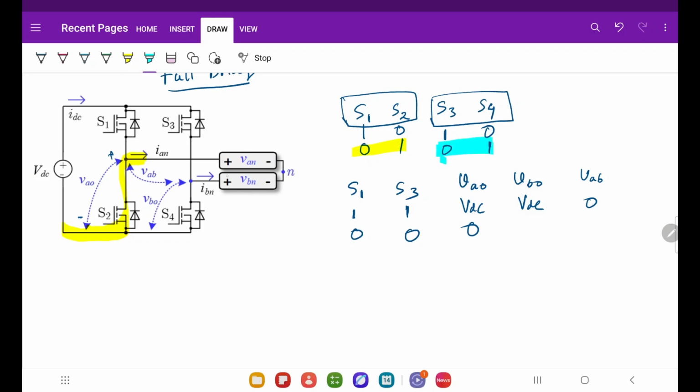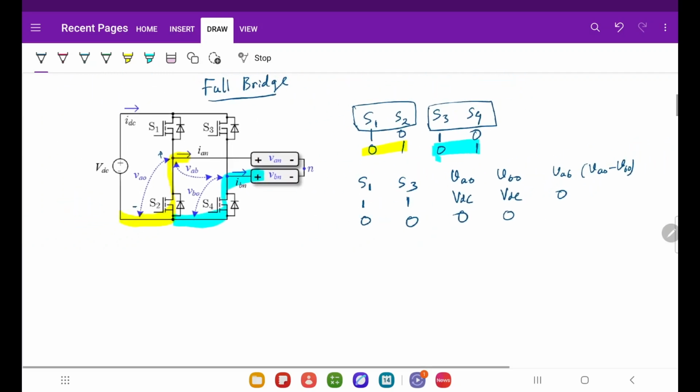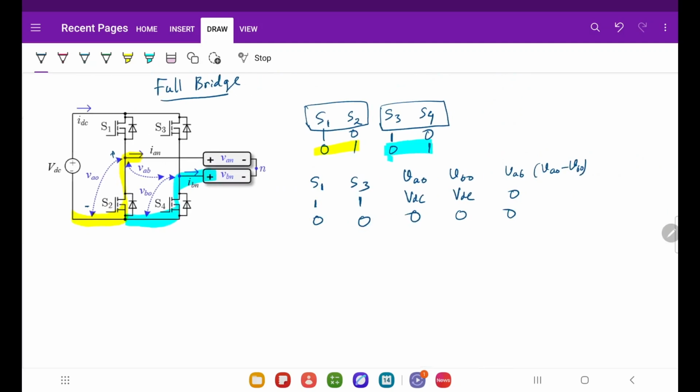So when S4 is on, VBO is also short circuited. So this is also 0. So VAB is nothing but VAO minus VBO. So this also is 0, right?